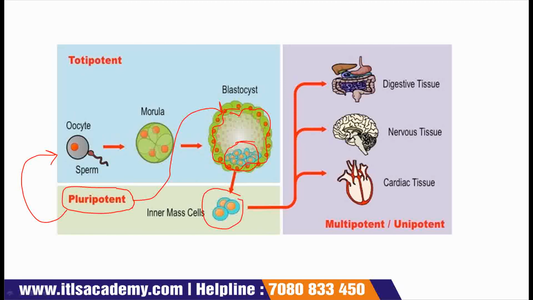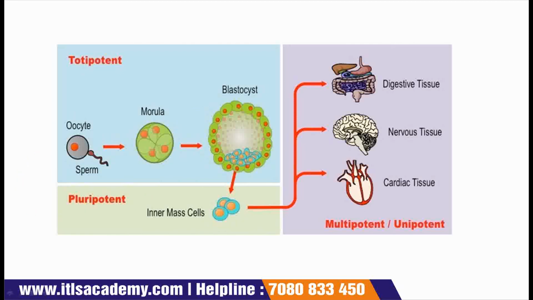So we can say that pluripotent cells can form almost all types of cells except the zygote. Or we can say this is the trophoblast, and this trophoblast cannot be formed by pluripotent cells.